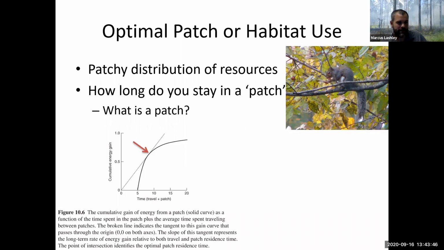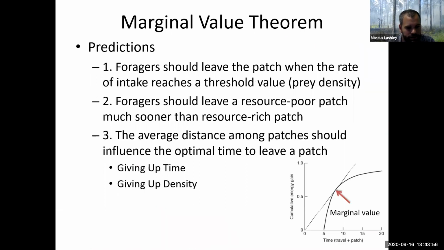So it should move on to another patch. Now, another thing that factors into this is not just distance. Remember, the squirrel probably also doesn't have perfect knowledge of where the next patch is. So some of that factors into the cost. But basically what we call that point is the marginal value. So this marginal value theorem has some predictions. Basically, the forager should leave the patch when the rate of intake hits that threshold.